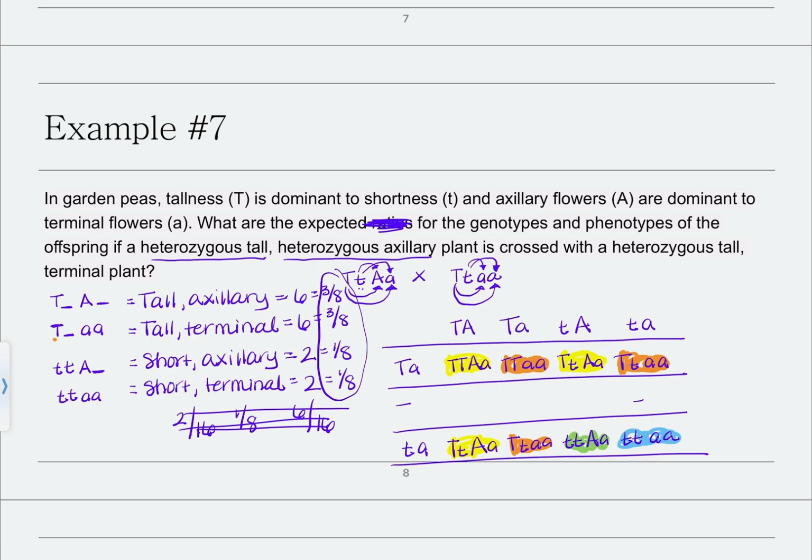Tall and terminal is 3 out of 8. Short and axillary, 1 out of 8. And short and terminal would be 1 out of 8. So if you want to save some time, if some of your genotypes are the same, you can literally just erase that row and then count how many offspring are left.